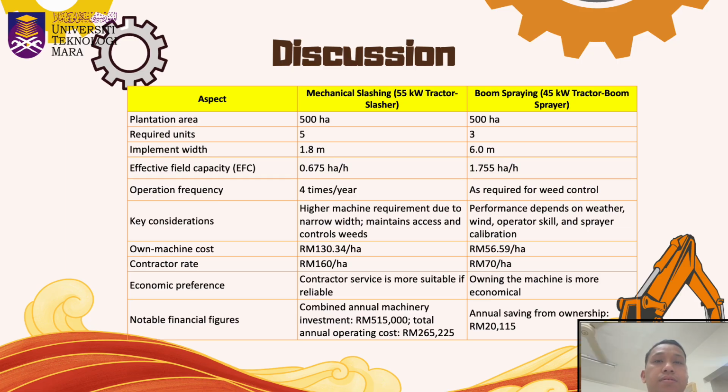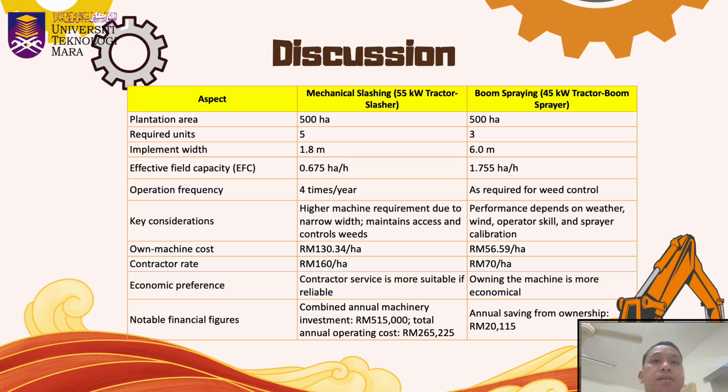The own machine cost is 130 ringgit and 34 cents per hectare, while the contractor rate is 160 ringgit per hectare. Contractor service is preferred when reliable operation is needed. Besides that, for boom spraying, only 3 units are required because the implement width is 6 meters. The effective field capacity is 1.755 hectare per hour, which is much higher.